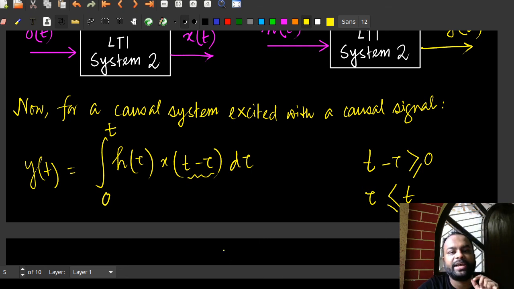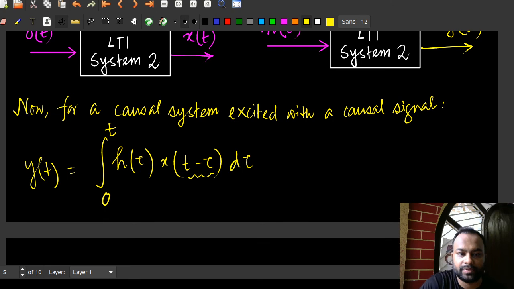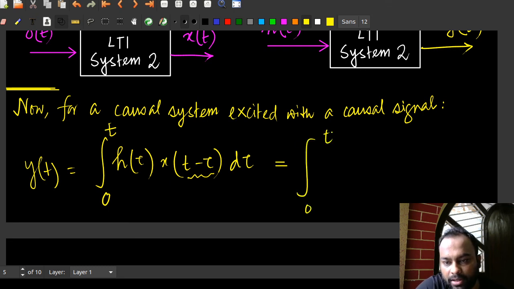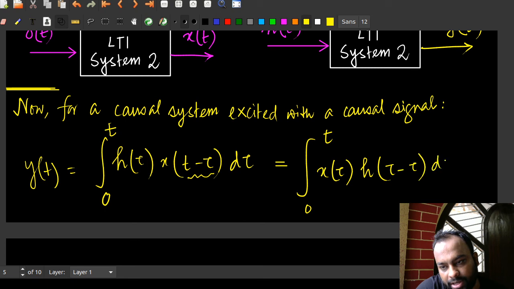So this is the simplification we can obtain if a causal system is excited with a causal signal. That's a simplification, right? And this is because of the commutative property of convolution. We can say that this is x(tau) h(t minus tau) d tau.